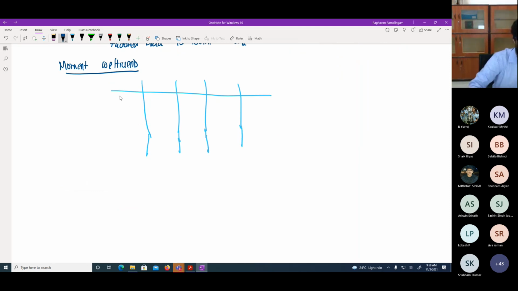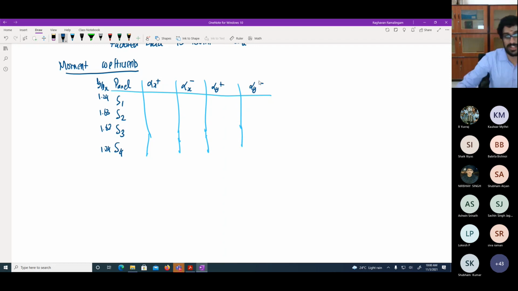I have 4 slabs, S1, S2, S3, S4. The aspect ratios are: this one is 1.24, this is also 1.24, and these are 1.63. So this is Ly by Lx for the panel. Then I have alpha x positive, alpha x negative, alpha y positive, alpha y negative.